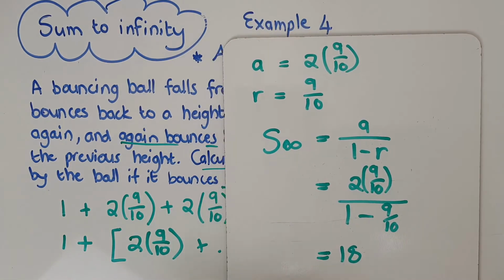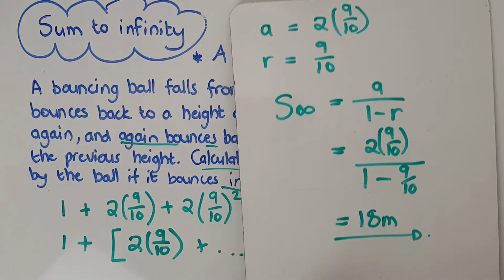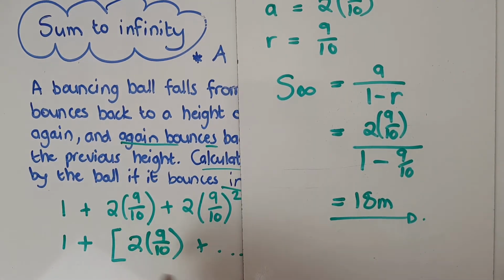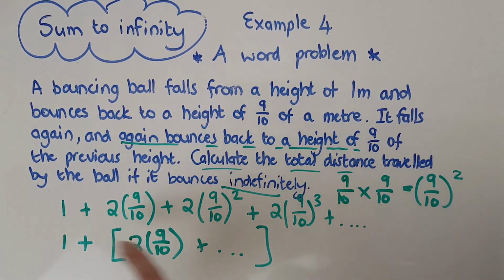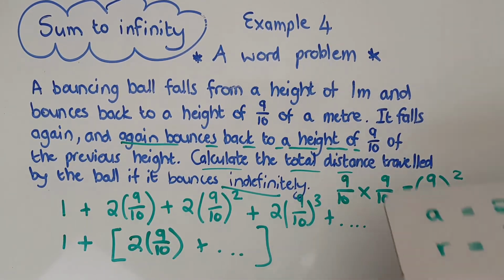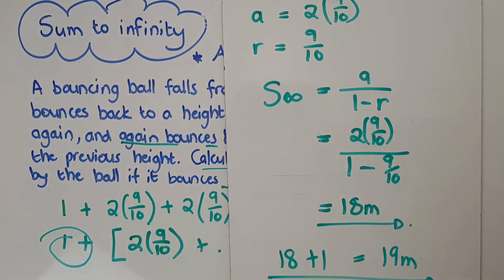So if this thing bounces forever, weirdly enough, this part, the bit with the 2's, only gets you to 18 meters. Remember what I did? I separated it out. So what we must remember at the end is to say 18 plus 1, and I get 19 meters, and because of the plus 1 there, that is my actual answer.